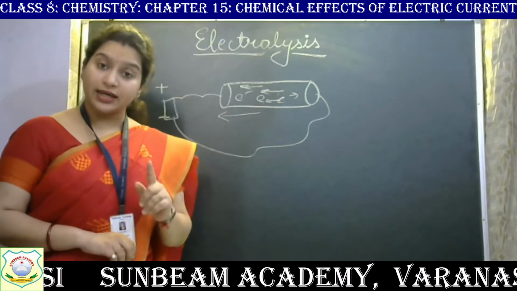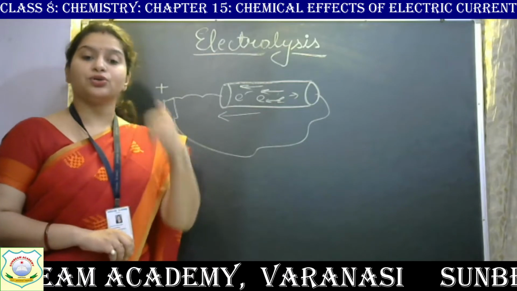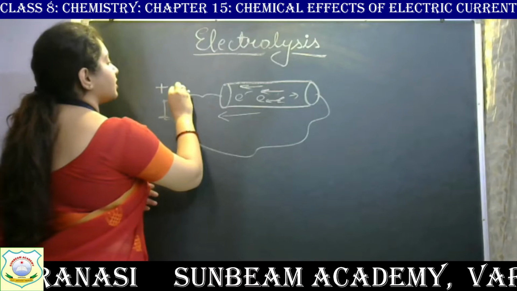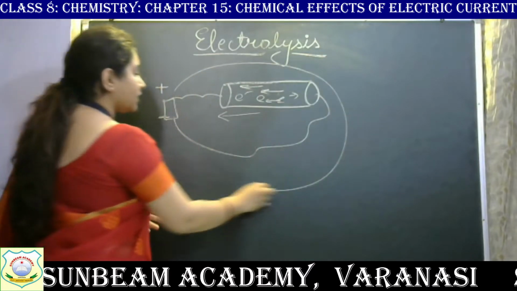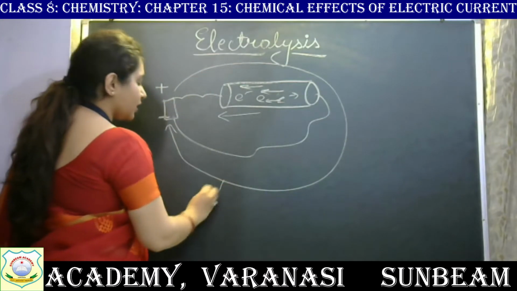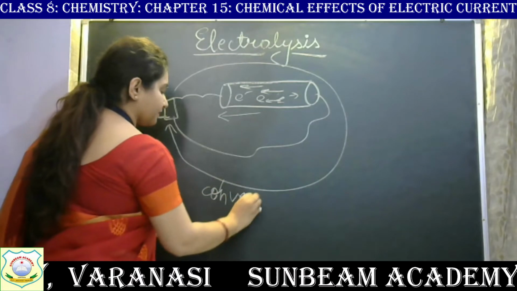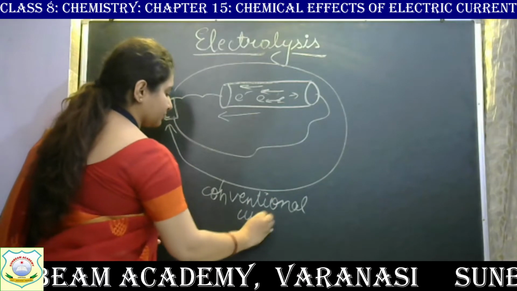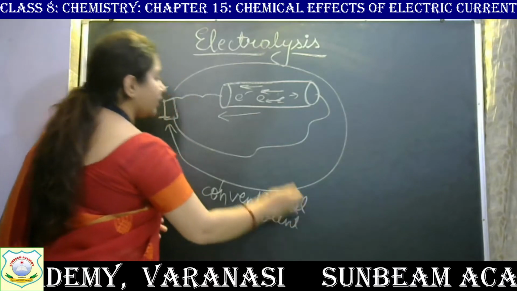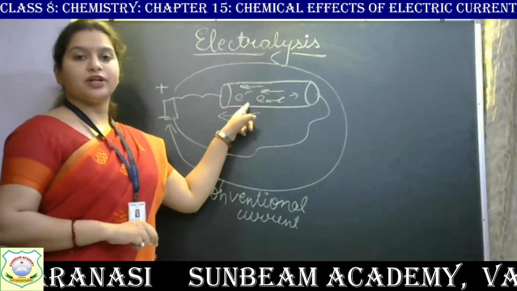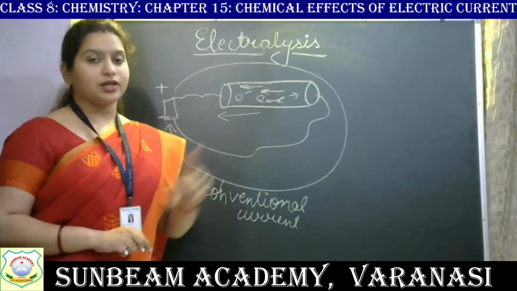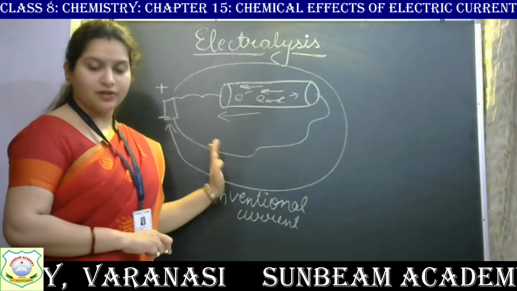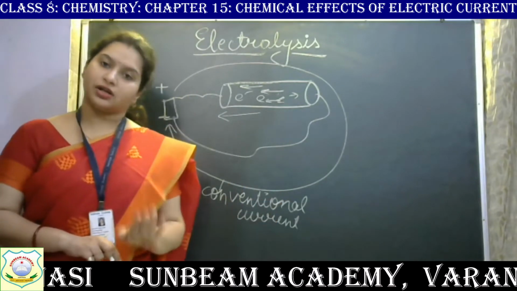But the current that is produced will move from the positive terminal towards the negative terminal, and this is called conventional current. Alright. So the movement of electron is called electronic current. The movement of current that is produced, which is from positive to negative, is called conventional current.